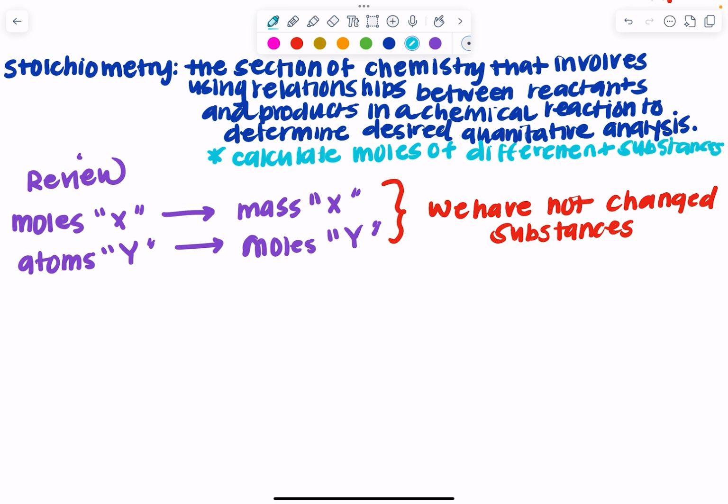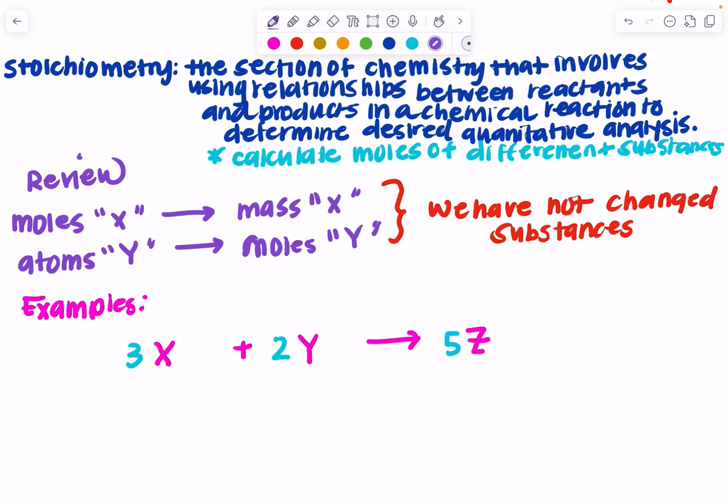Okay, and this is just a very brief example. I'll do multiple examples. If we have X plus Y goes to Z, and let's just say when we're balancing this it is 3, 2, and 5.